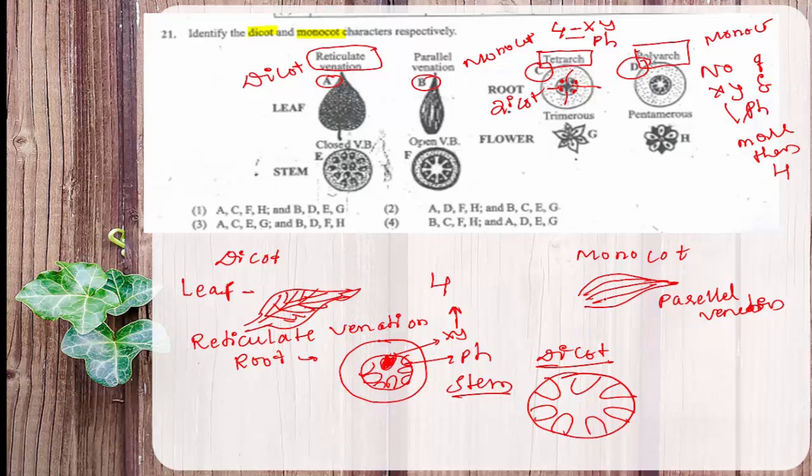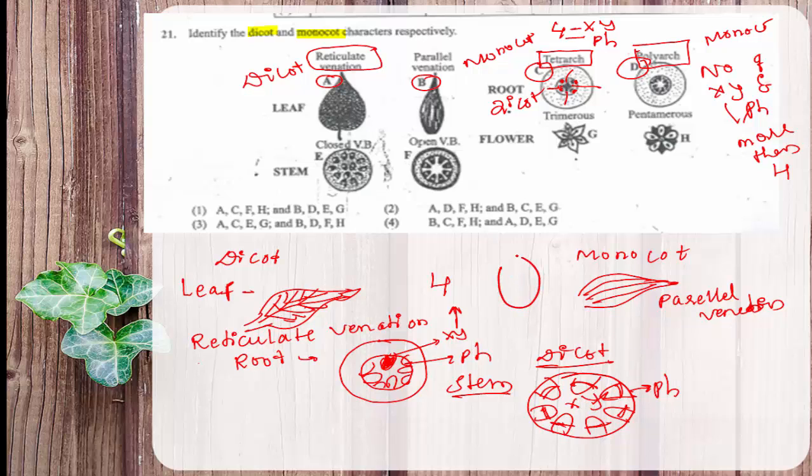Why it is called vascular bundle? Because xylem and phloem are called vascular tissues. As they supply food and water, the vascular tissues, xylem and phloem are called vascular tissues because they are supplying food and water. Here always this is phloem towards the outside and this one is xylem.